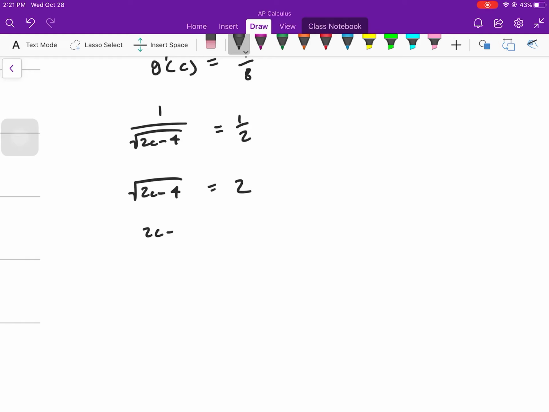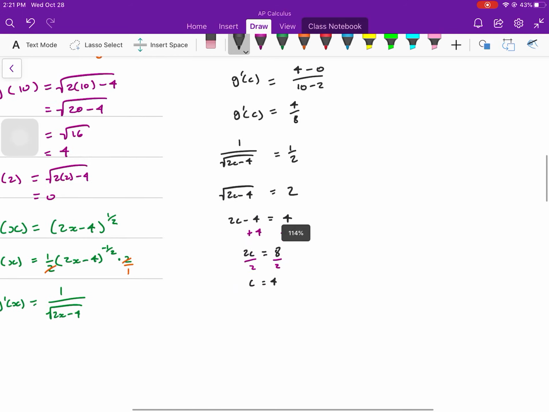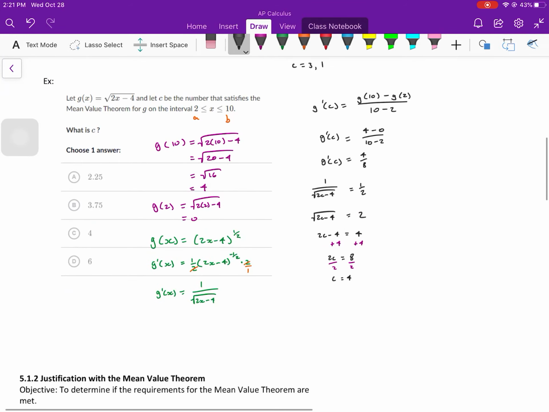So we'll get 2c minus 4 equals 4. 2 squared is 4. Add the 4. 2c equals 8. Divide by 2. And c equals 4. And there's our answer there.